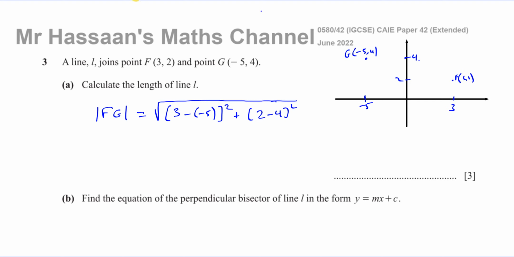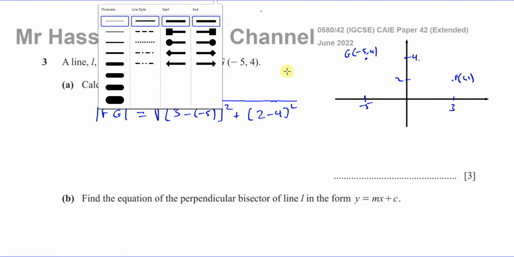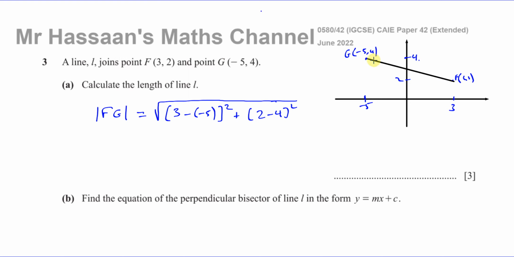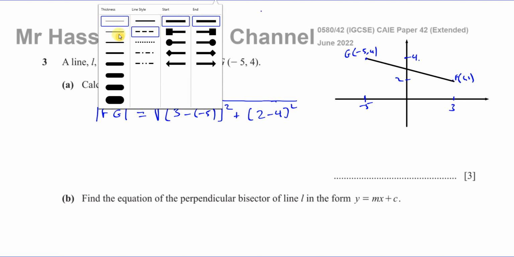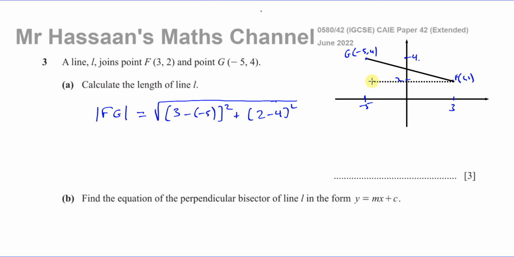What we're trying to do is find the distance, or the length, between these two points. The length of the line joining these 2 points. So what we've done here is we found the change in x. The change in x gives us this distance over here, and the change in y gives us that distance over there.